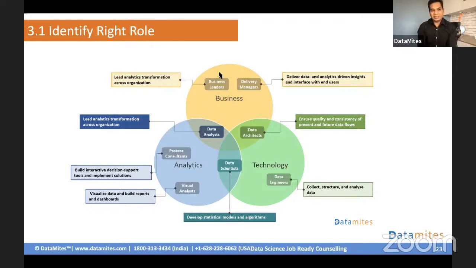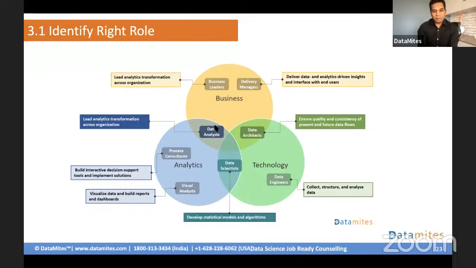If you're in data science, you're already market ready for data science. You understand the major areas of data science: analytics, business, and technology. Machine learning and other areas come under the technology part. The business part talks about project management and delivery management, essentially delivering the project use case as required by the business.